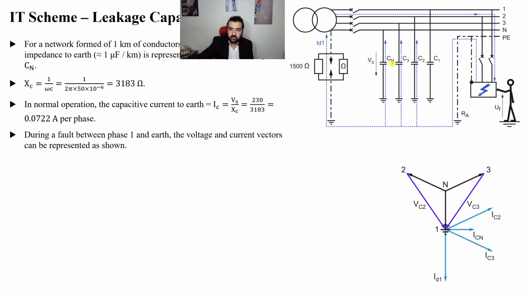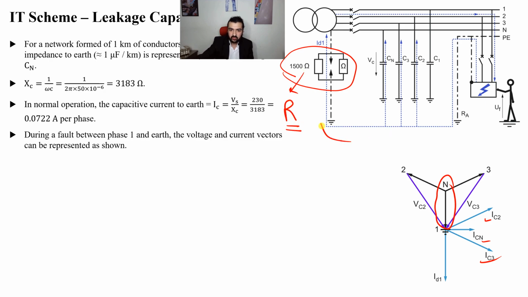Now, similarly for the neutral, we see that the neutral here is this one. This is V1. So it will lead by 90 degrees like this. I1 or IN, like this. So this vector here. Okay, so we have drawn these three currents. Lastly, this one will be in phase with the voltage because this one assumes a pure resistive load.